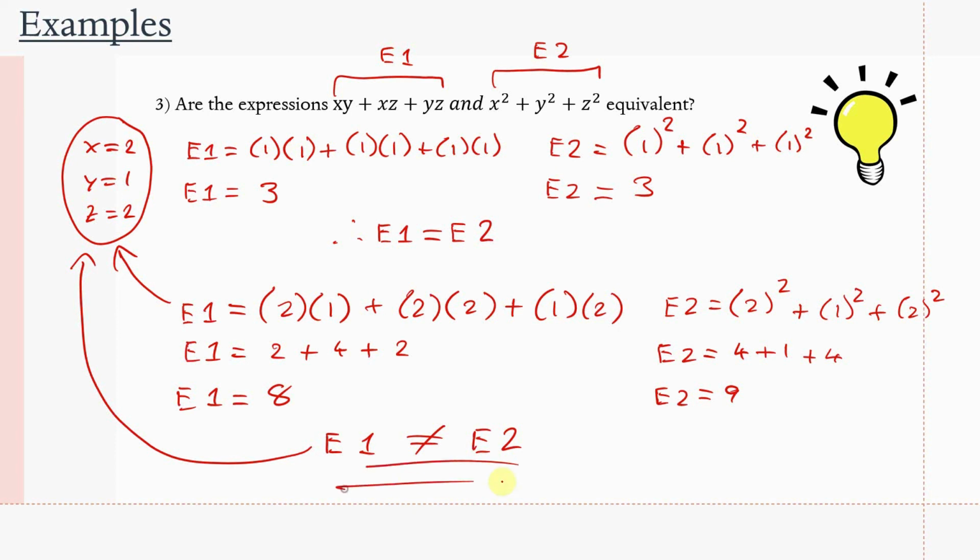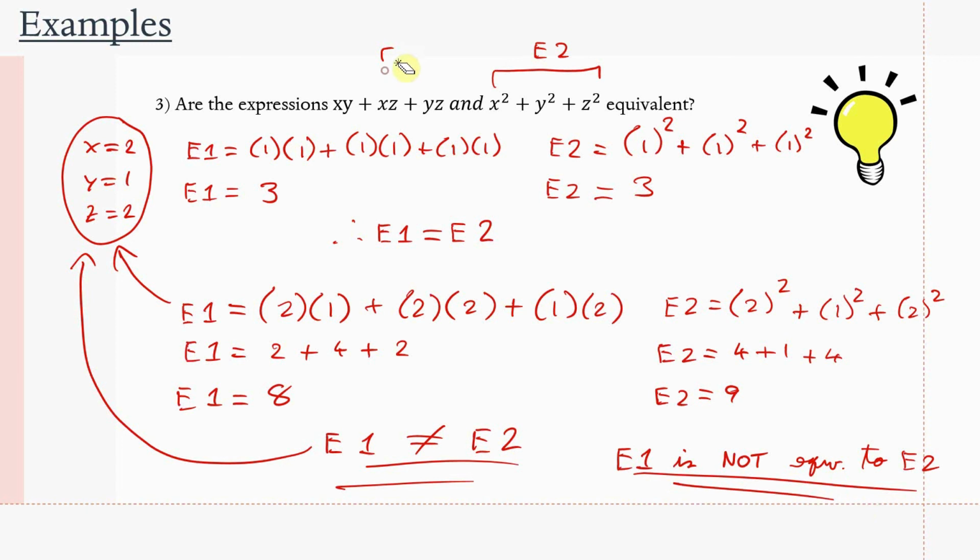And once we found this, we can say that expression 1 is not equivalent to expression 2, right? Because we found a test case where the first expression does not equal the second expression.